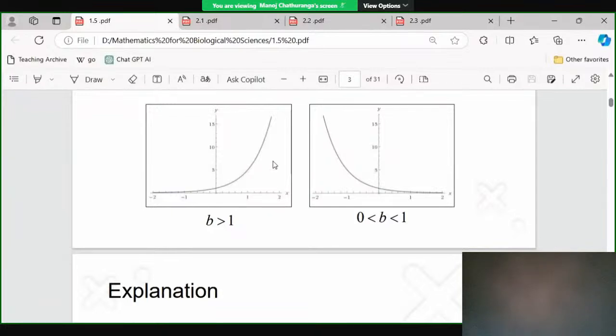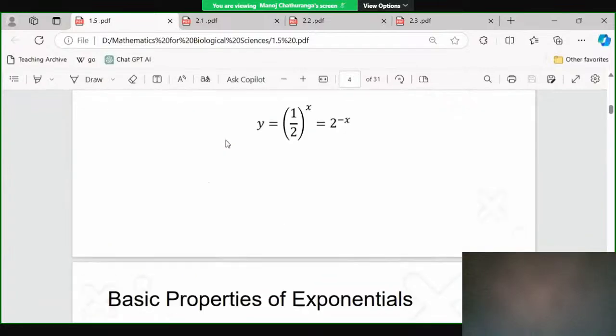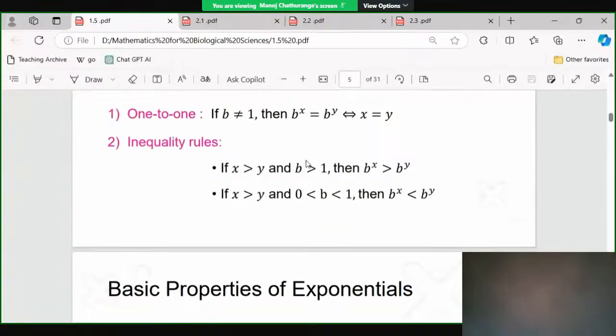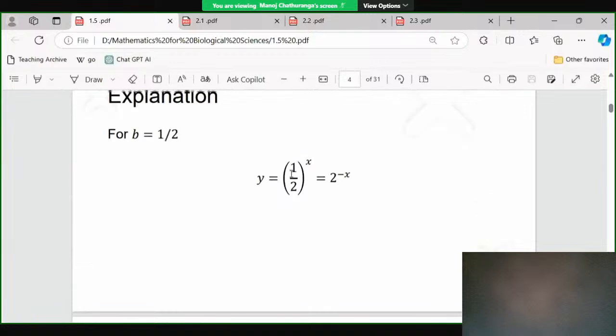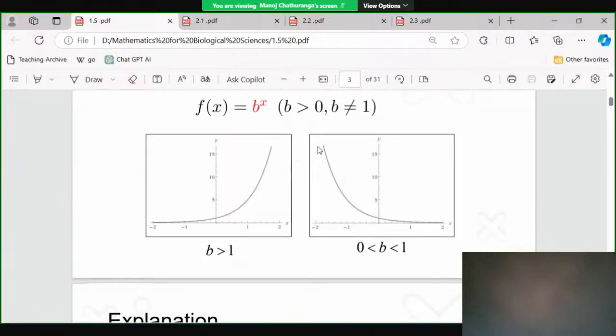For large values, you get large powers. b to the power of a very large number is very large. So that is exactly what this first point says. This is what happens for b bigger than 1. If b is smaller than 1, you get the opposite behavior. Large x values give you smaller y values.